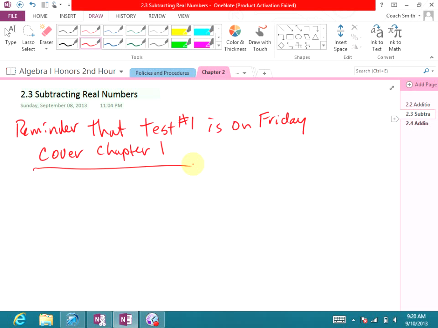Today we're covering 2.3, subtracting real numbers. I want to remind you of the subtraction rule.